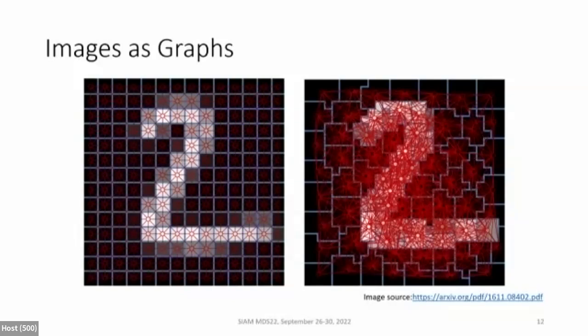Here, the machine learning task is to classify the image into subcategories which represent each digit. And that can be done with a simple graph neural network.